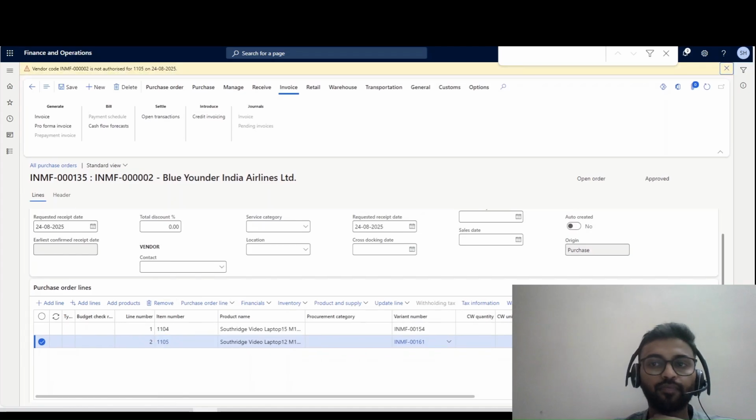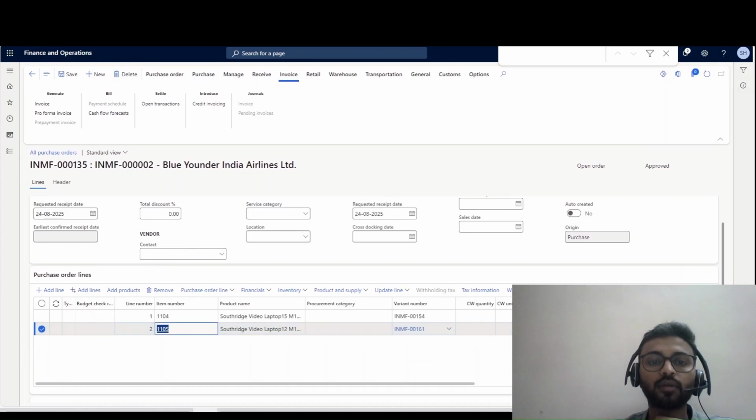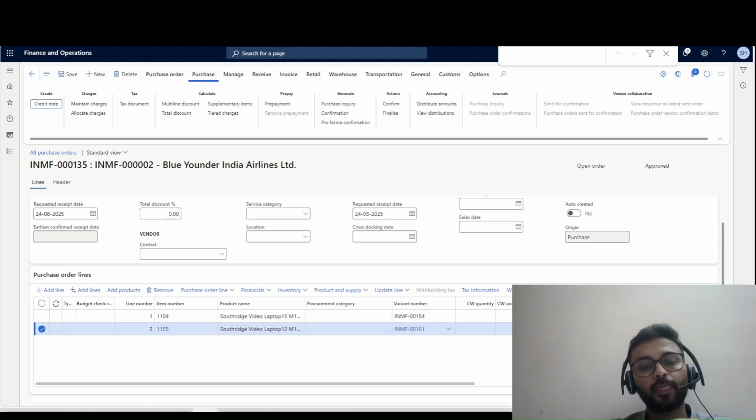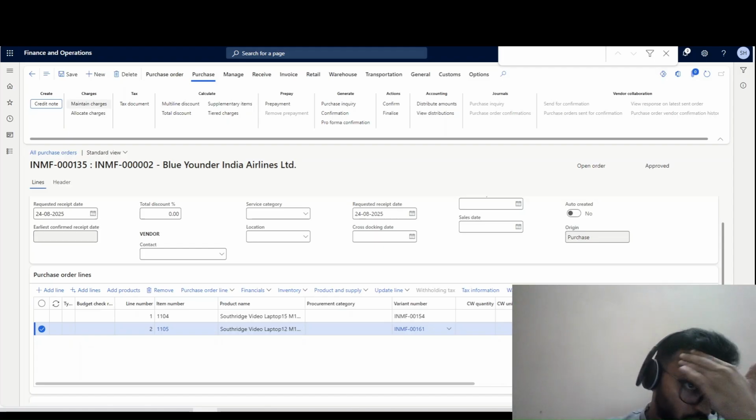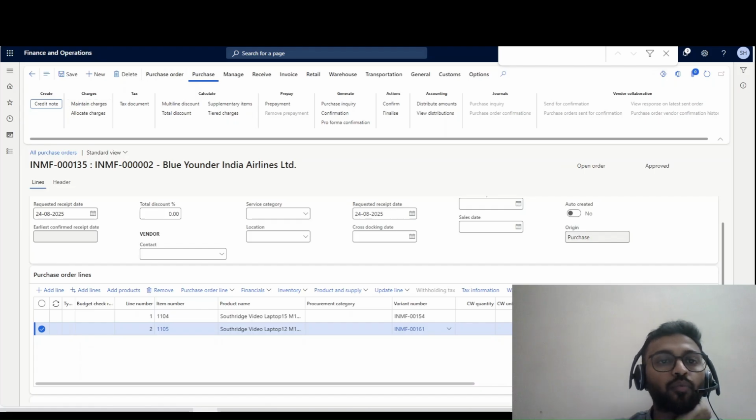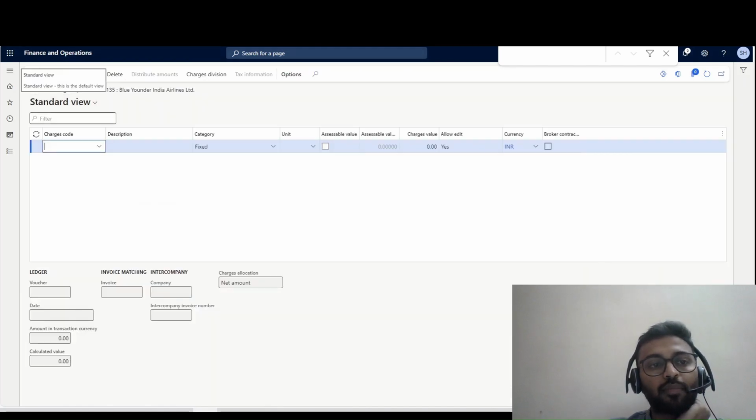So here we have an option to add a charge code at header level and at line level. I have added two lines for your reference, to show how the system will bifurcate charges at line level. So what I will do, I'm going into the purchase tab. In the purchase tab we have charges, and I'm going to select maintain charges.